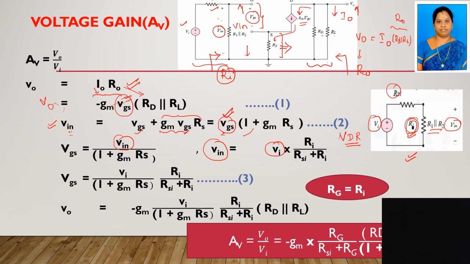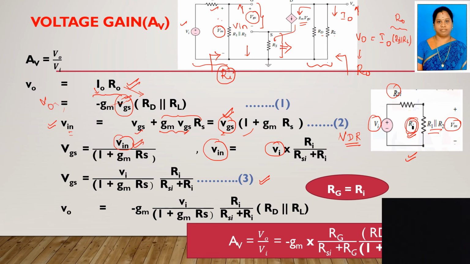That I have to substitute in the second equation, so instead of Vin I substitute Vi into Ri by Rsi plus Ri.